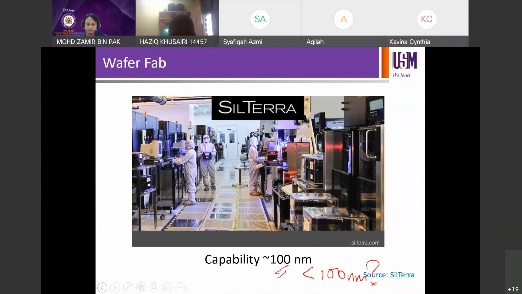Hardware limitations, okay? Good. Any specific limitation of the hardware? Yeah, the answer is yes, hardware limitation. But do you have anything to elaborate, Haziq? Which process do you think is the limitation?